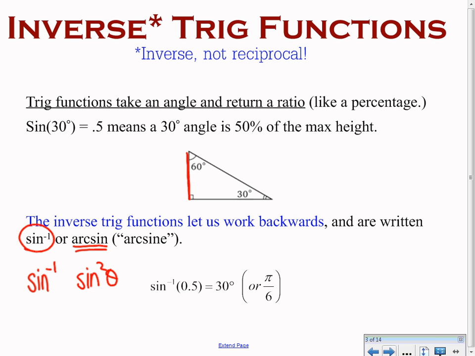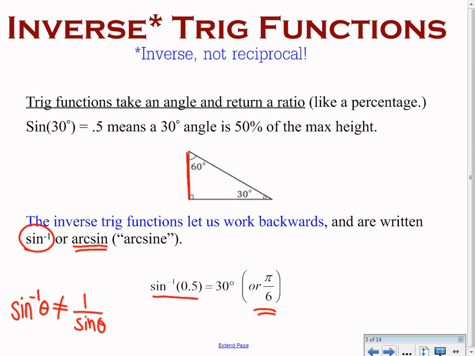So inverse sine does not mean, let me be clear about this, does not mean 1 over sine theta. They're inverses, not reciprocals. For example, inverse sine of 0.5 is equal to 30 degrees. Of course, if you're in radians, you'd get back pi over 6.